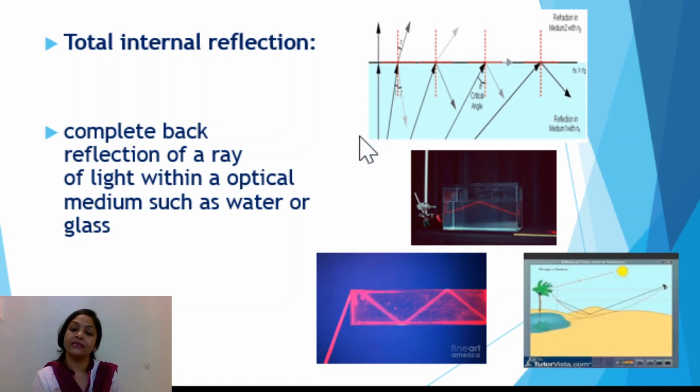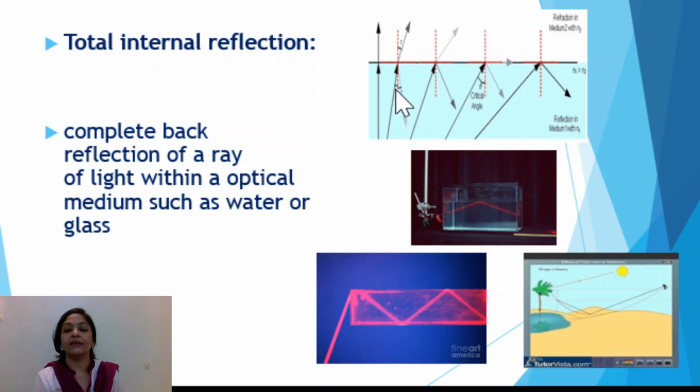Now we can see here, first of all, we incident the light normal to the surface of the interface. Now here you can see this is going straight without any deviation.